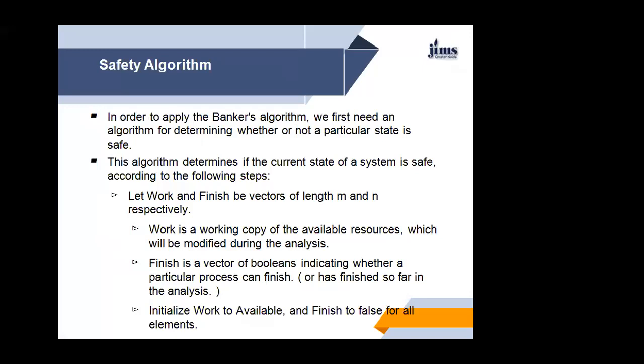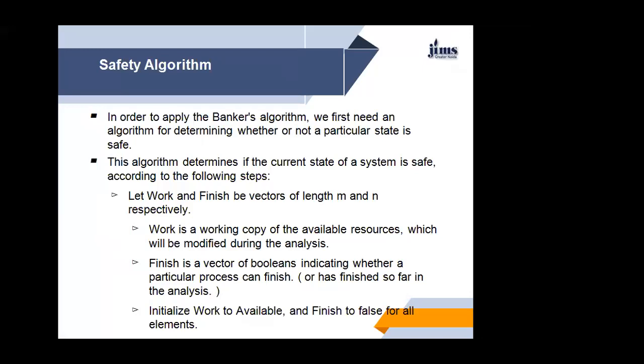Initially, work equals available and finish is false for i equals 1, 2, 3, up to n. We will have to find i such that both finish[i] equals false and need[i] is less than or equal to work.